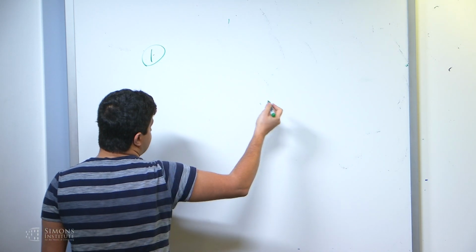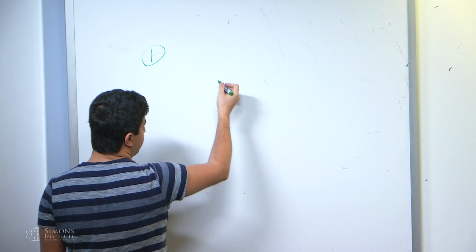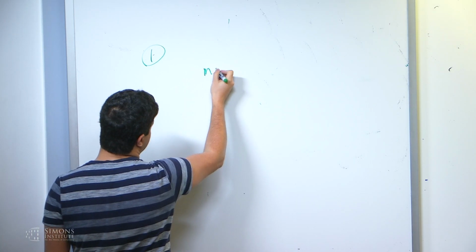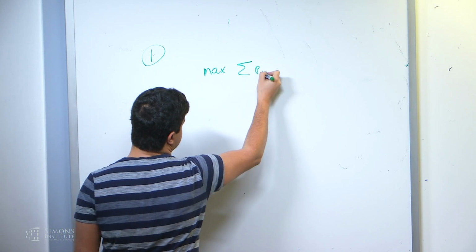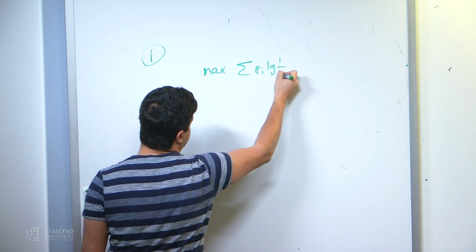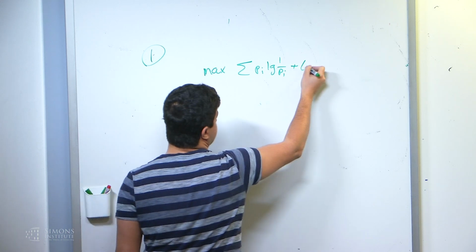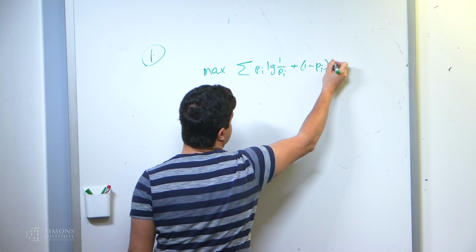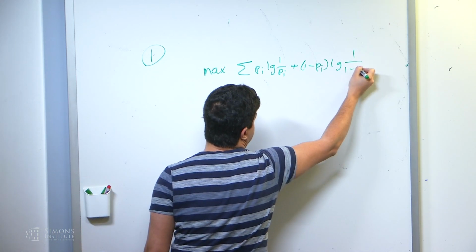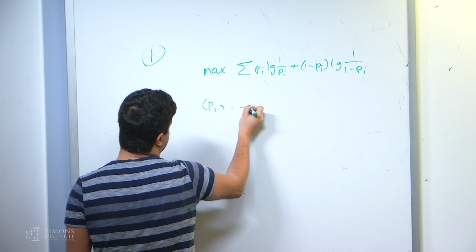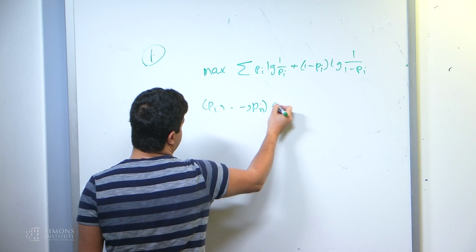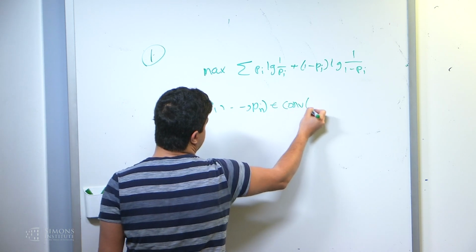So when we wanted to basically give a counting algorithm for a matroid M, what we did was we maximized the sum of the marginal entropies. So p_i log 1 over p_i plus (1 minus p_i) log of 1 over (1 minus p_i), where p_1 through p_n was in the convex hull of all of the indicators of bases.